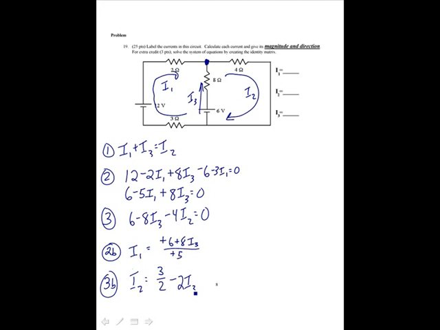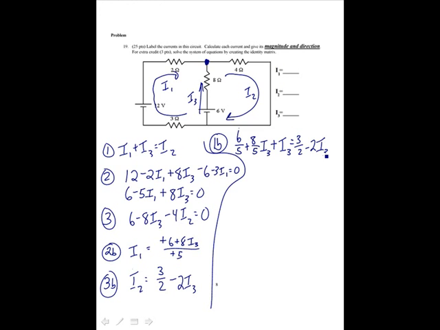Then I plug those into equation 1. I'll call this equation 1b. I'm plugging 2b and 3b into equation 1. So I have I1, which is 6/5 plus 8/5 I3, plus I3 is equal to 3/2 minus 2I3.